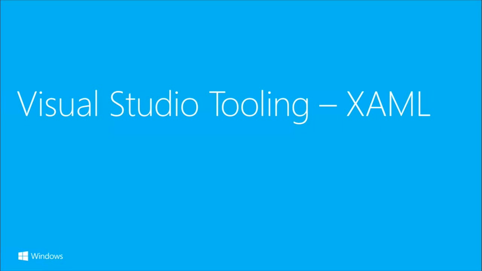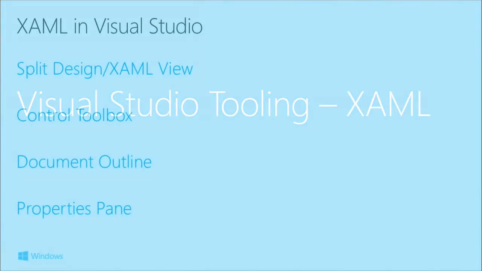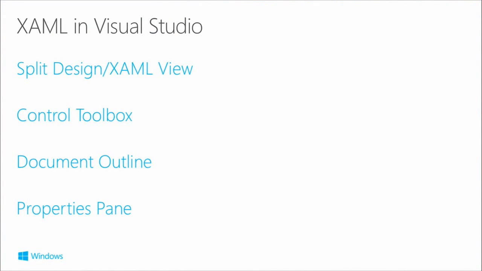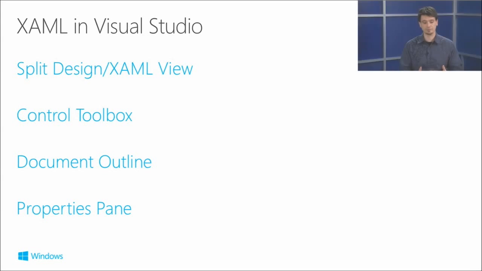But there's also some great tooling around XAML that is new. We have a split design XAML view that allows you to take a look at your code as well as what your code is going to look like at runtime.